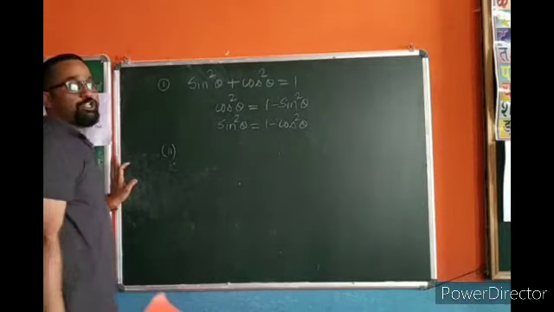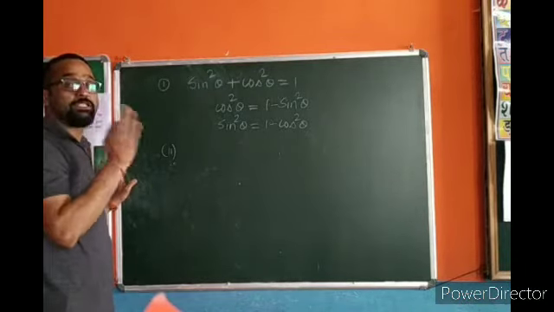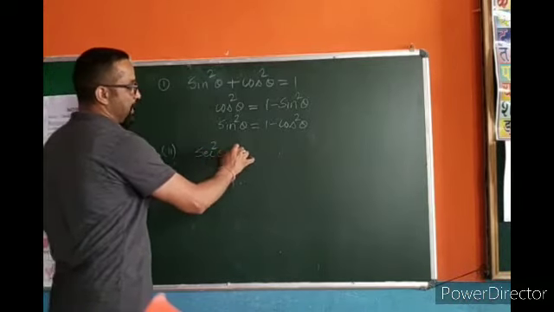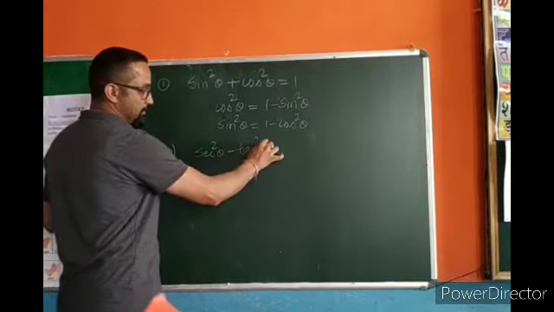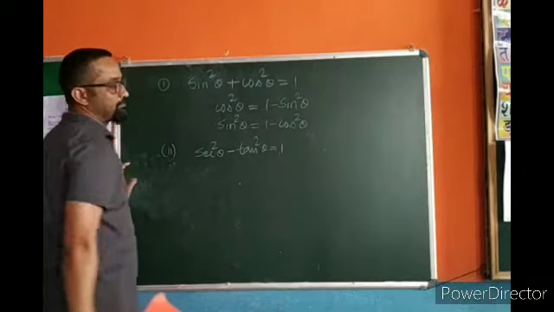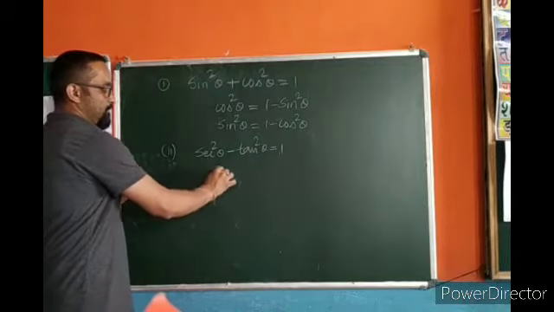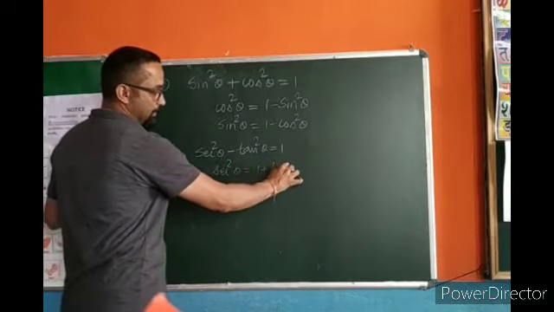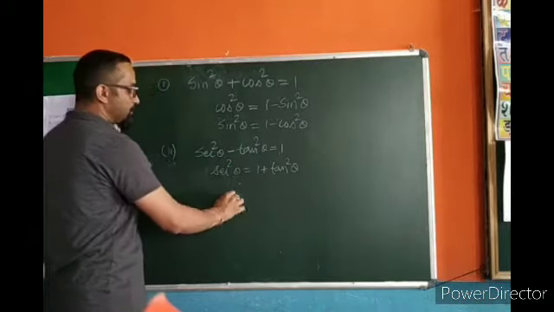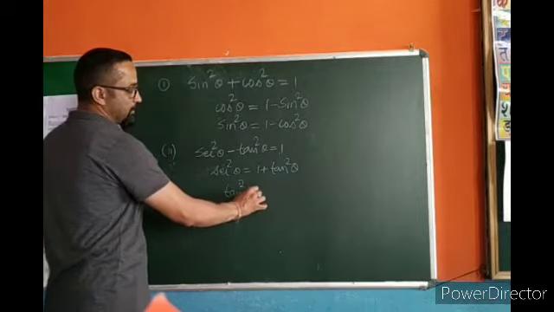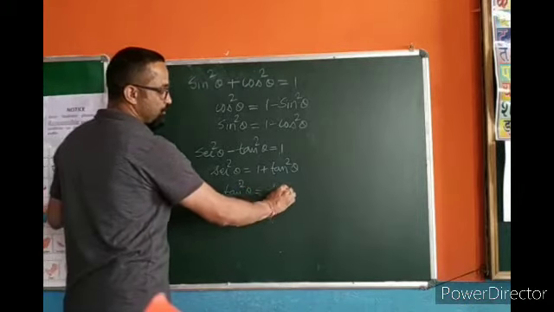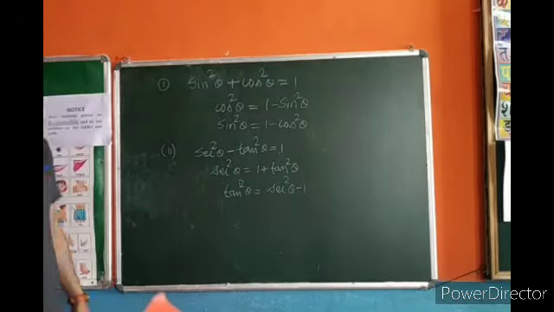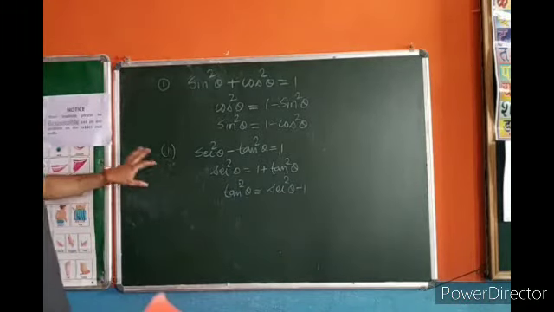Second square relation is between sec and tan. Sec square theta minus tan square theta is equal to 1. Sec square theta is equal to 1 plus tan square theta. And similarly, tan square theta is equal to sec square theta minus 1. Second square relation or identity.